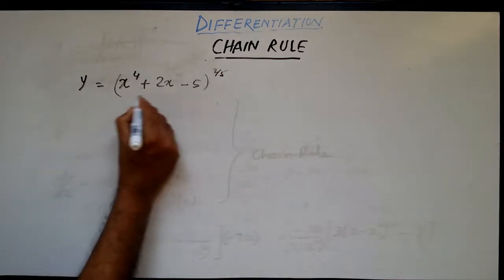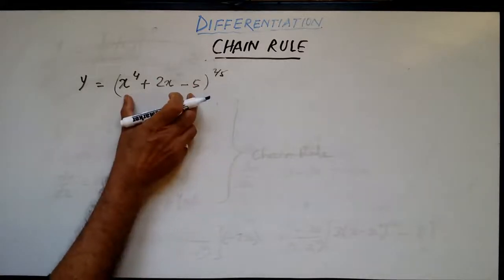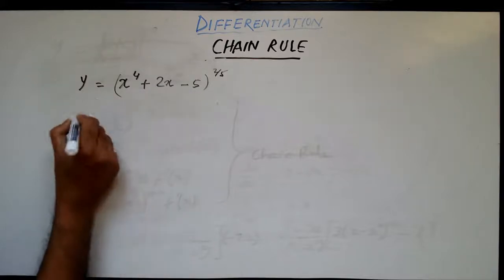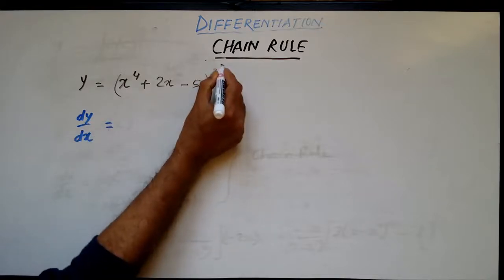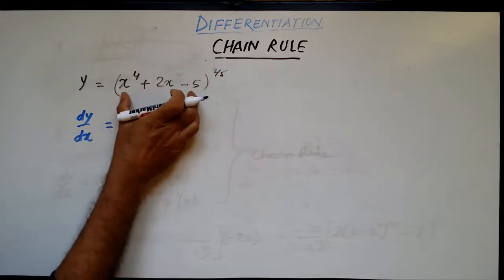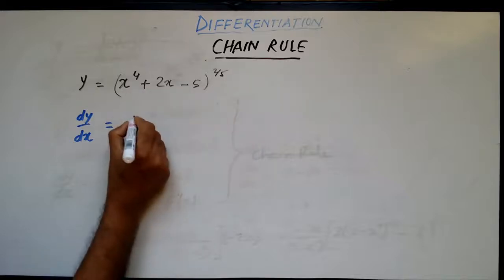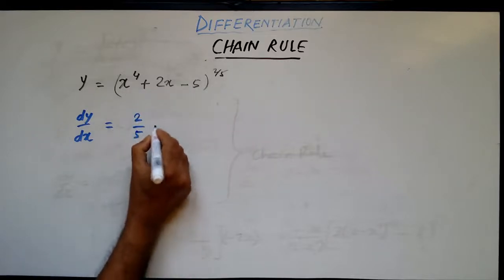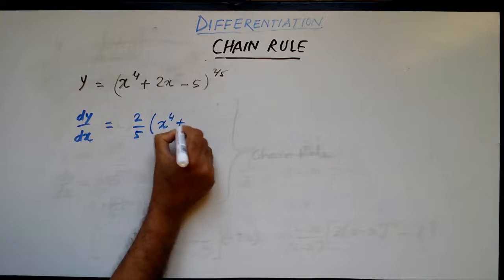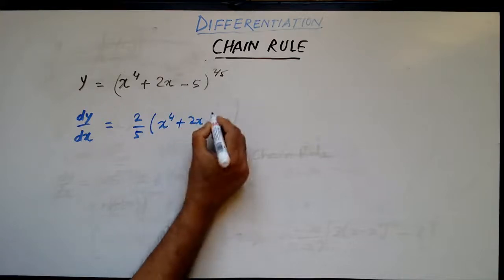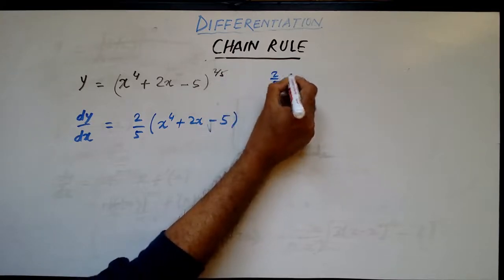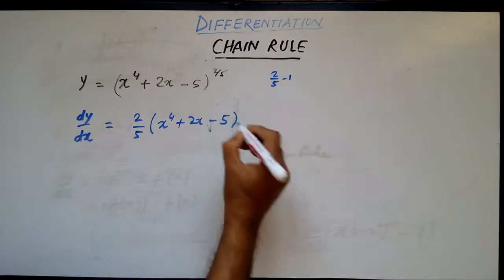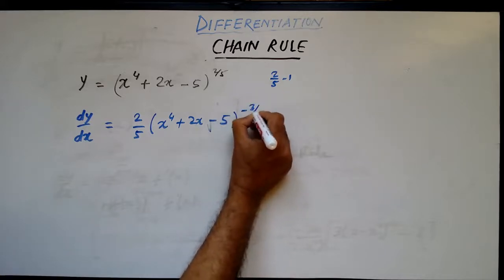So we know that if we substitute this by any intermediate variable z and then apply the chain rule, we are going to get dy by dx equal to 2 by 5 multiplied by x to the power 4 plus 2x minus 5, which remains as it is, and the power is 2 by 5 minus 1. 2 by 5 minus 1 is minus 3 by 5.